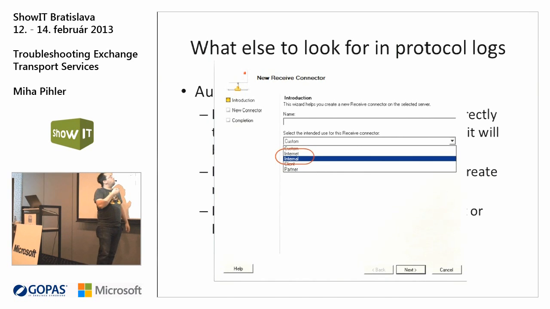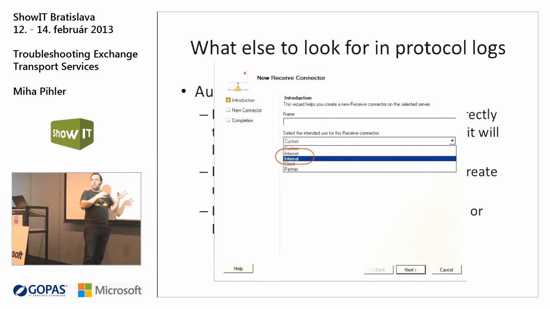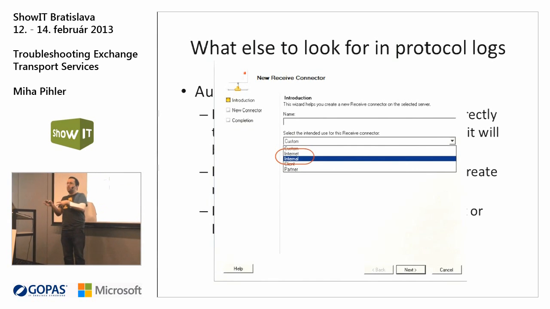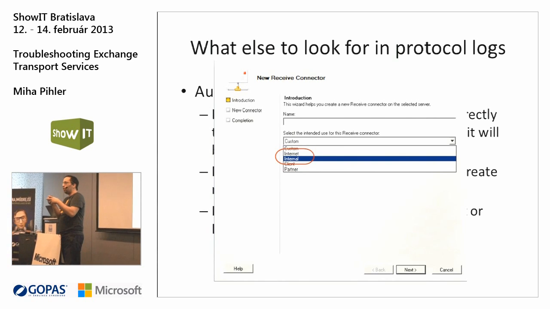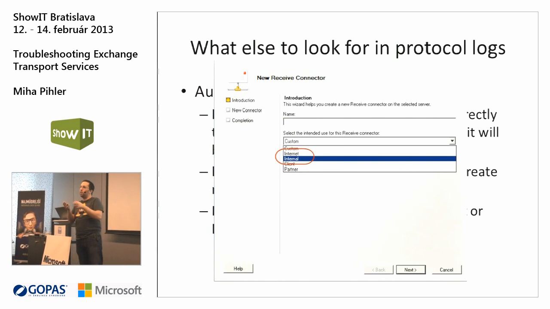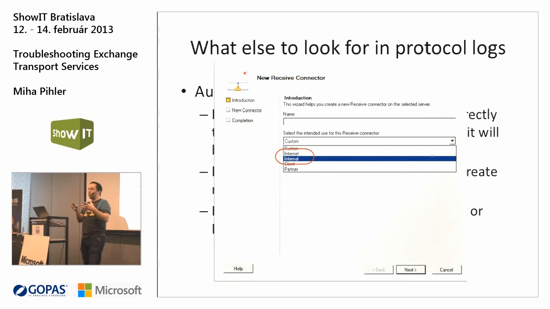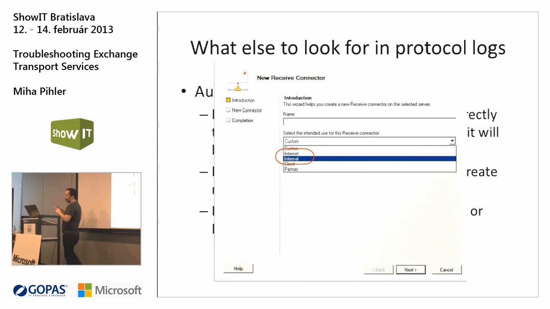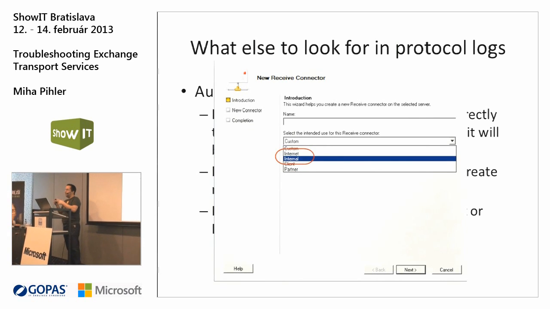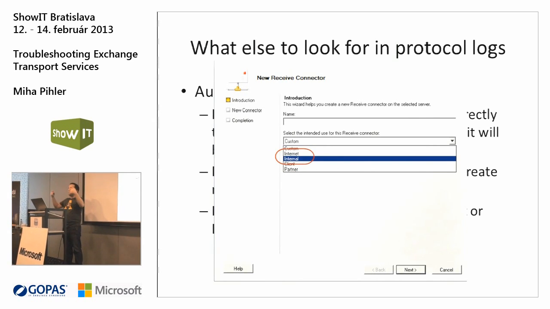The problem is that these 2 terms are very close together. One is internet and anonymous, and the other one is internal, and they're together. The internal one requires authentication. The internet one doesn't require authentication. And sysadmins often mistakenly choose the wrong one. Let's say they need to create connectors between 2 internal servers, they will choose internet.